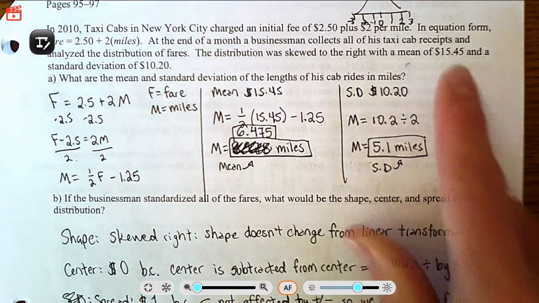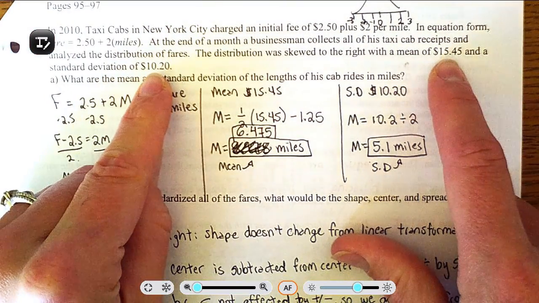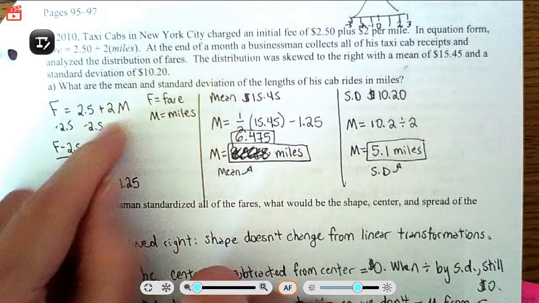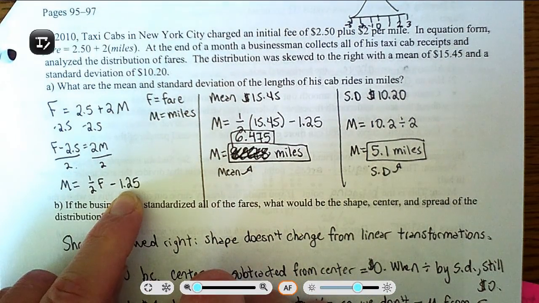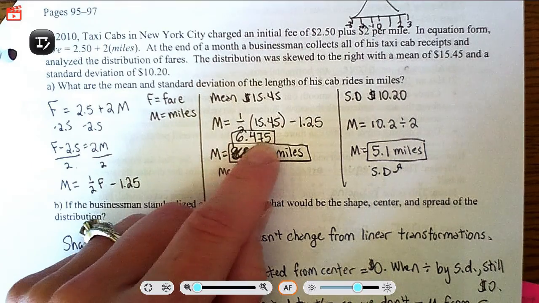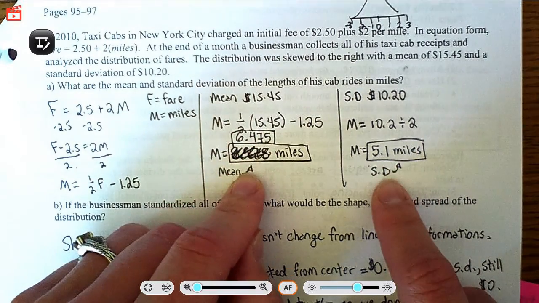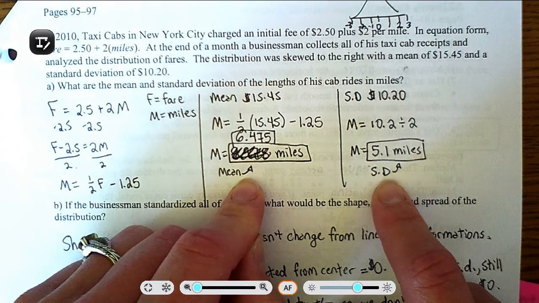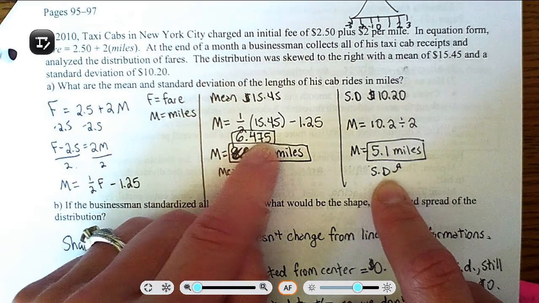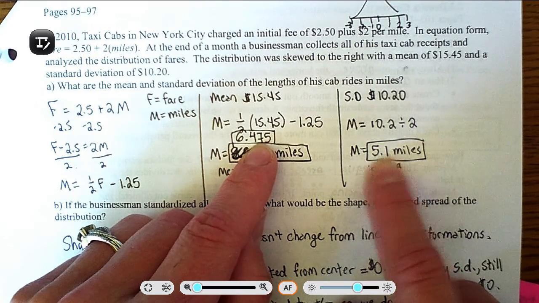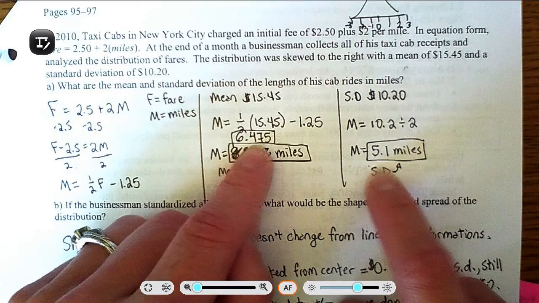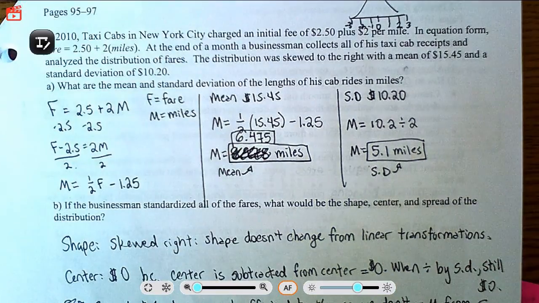I can work with just the mean and the standard deviation, and transform that into the miles that he rode, finding the mean number of miles and the standard deviation of the number of miles that he drove. Turns out New York City drivers don't really need to go that far on average, but they have a lot of variety, right? Because maybe they need to go to a different borough, and maybe they just need to go down the road.